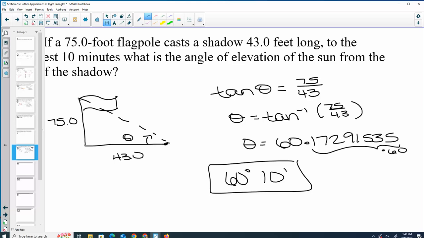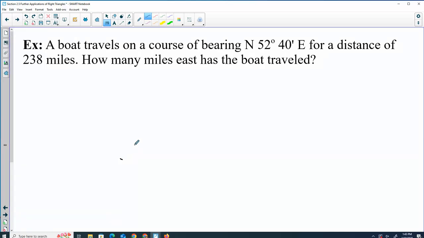Is that one okay? Let's jump down a couple more and do another bearing problem. So a boat travels on a course of bearing north 52 degrees 40 minutes east. So if I'm going to measure bearing, we have to have a starting point and a north-south line.